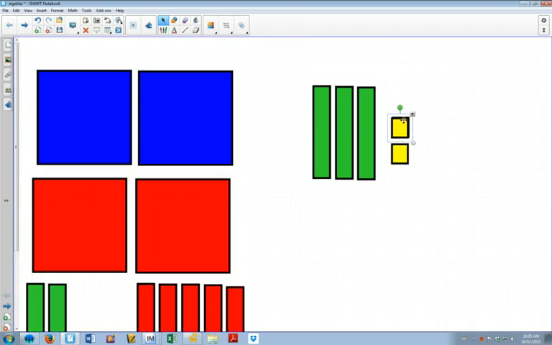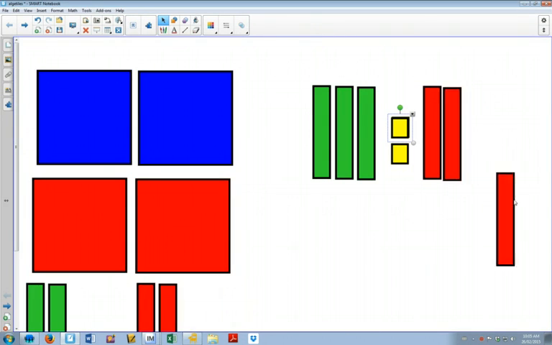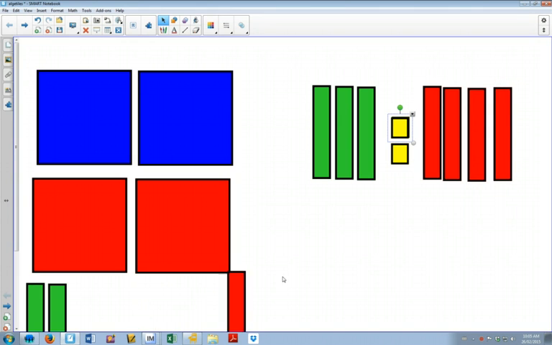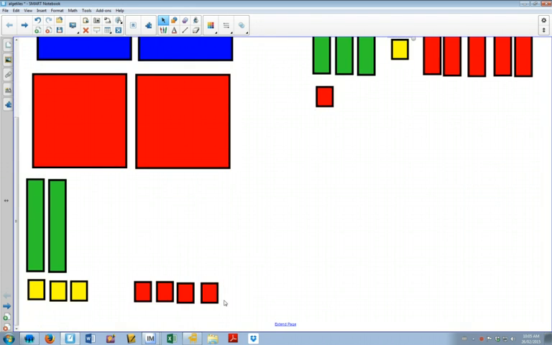Okay, minus 5x. How do I do minus 5x? 5 rectangles for you, they're white. For me, they're red. And then negative 7 is the little squares.